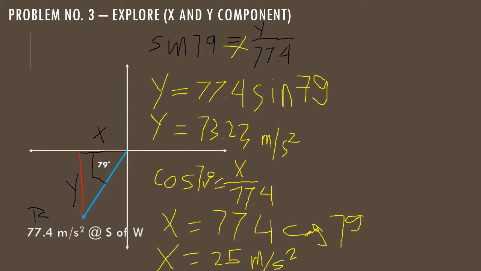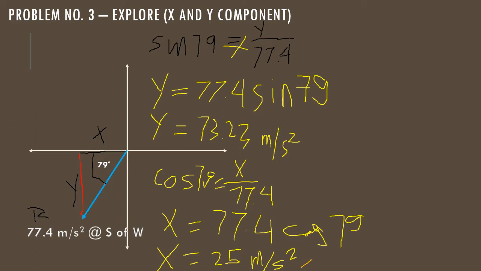X is equal to 77.4 cosine 79. So using your calculator, type 77.4 cos 79. Then the final answer is 25 meter per second squared.